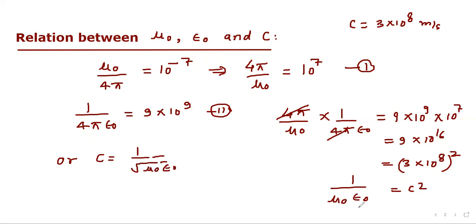And suppose you want to find the dimension of 1 upon mu naught epsilon naught, then it will be the dimension of speed squared. That is, dimension of 1 upon mu naught epsilon naught equals the dimension of speed, length upon time, whole square. I think you must have understood.